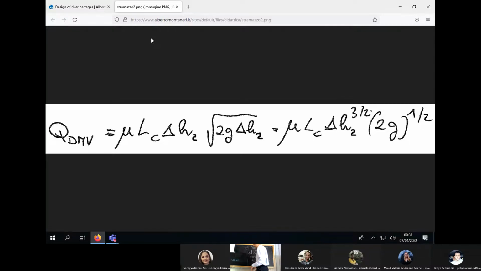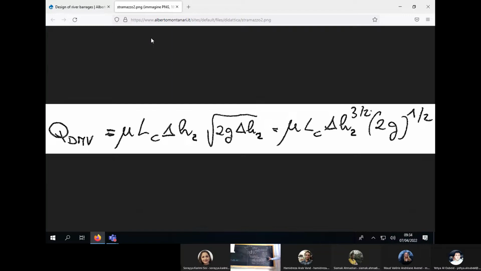Let me take the eraser. The explicit representation for delta H2, I'm writing it here. Delta H2 is equal to QDMV divided by mu LC square root of 2g, to the power of 2/3, yes.